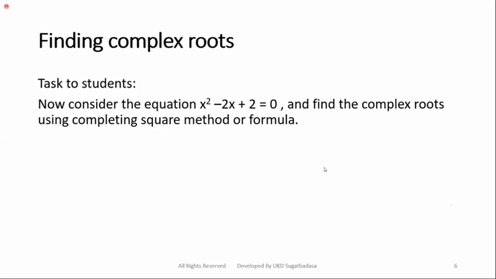You are free to choose either the completing square method we explained earlier, or the formula, to find the complex roots. I will give you 5 minutes to work out this question, right? Now start yourself.